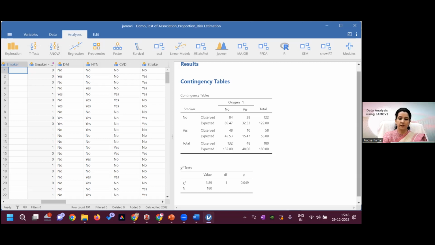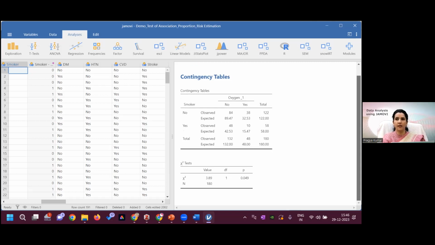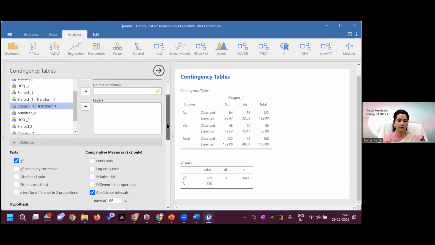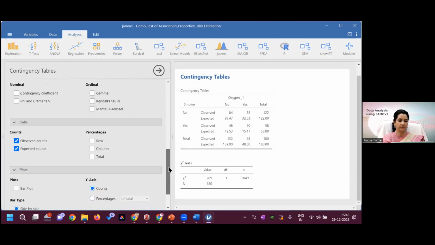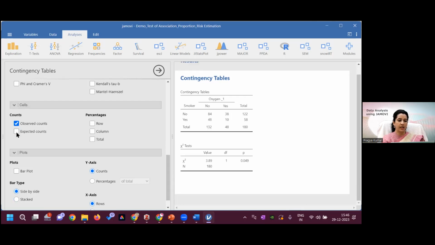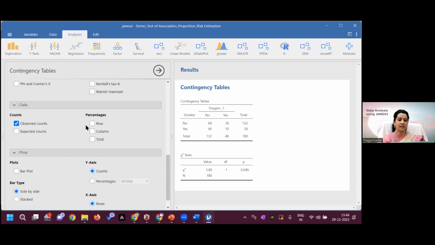Okay, thank you. So if the chi-square value is significant, then you can go with the application of the effect size. I'll uncheck this expected count because I had just used it to demonstrate, and I'll click the percentages.